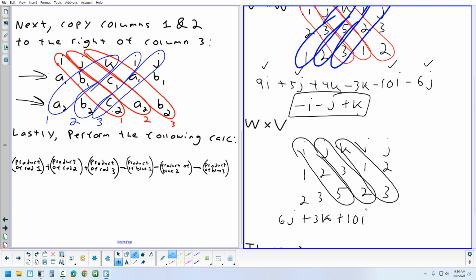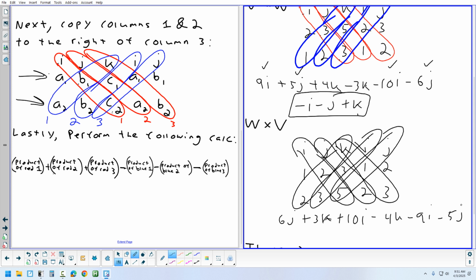What's important is now I subtract. K22, 4k. Subtract it. That's i33, 9i. Minus 9i. And j15, minus 5j.